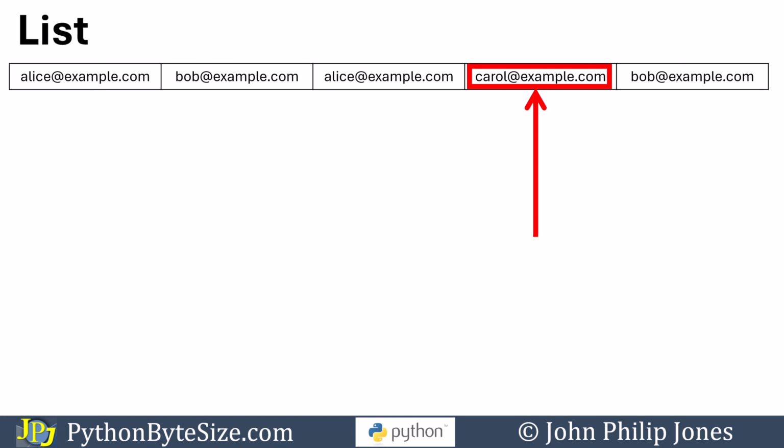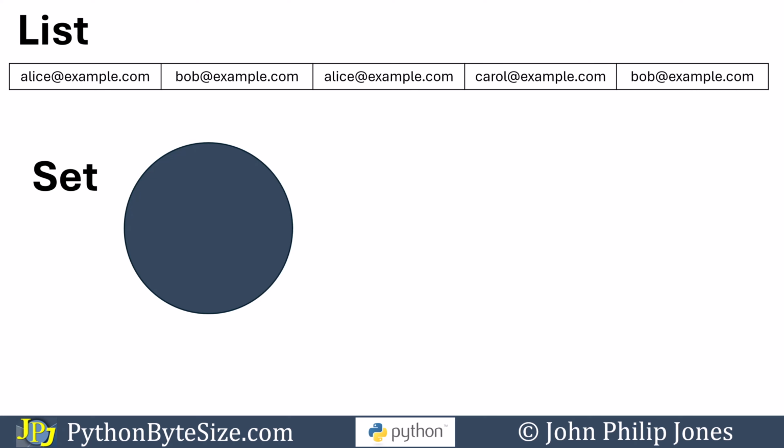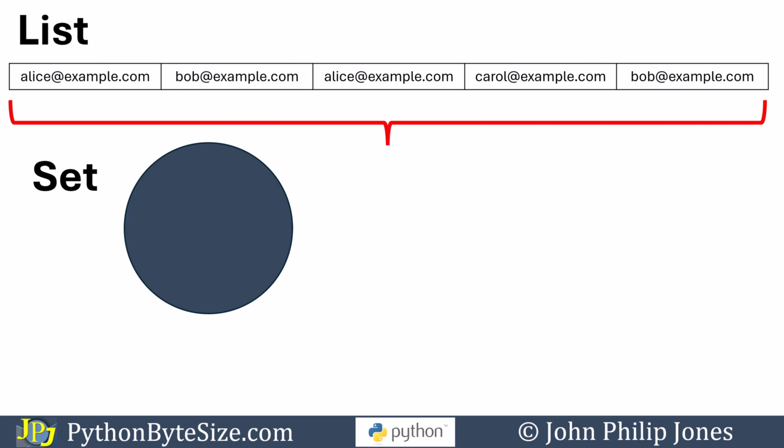Now, to achieve this, I can consider the use of a set. The idea is to create a set from the list. So if we take these values and put them into the set, it will contain the email addresses without the duplicates.